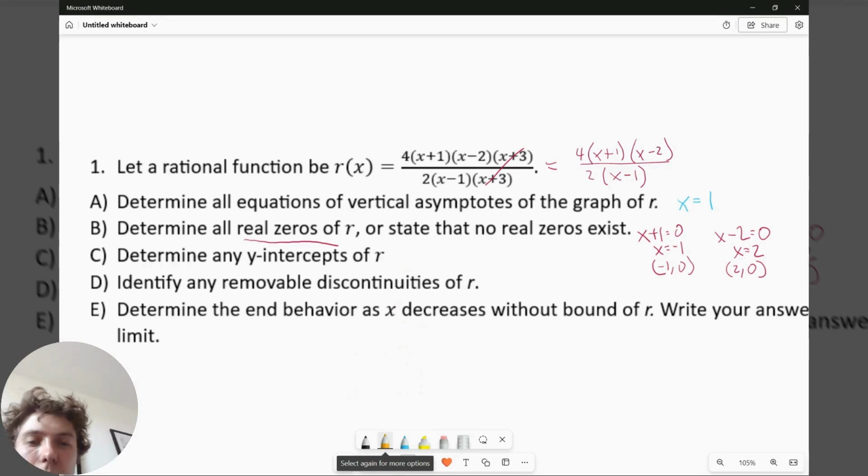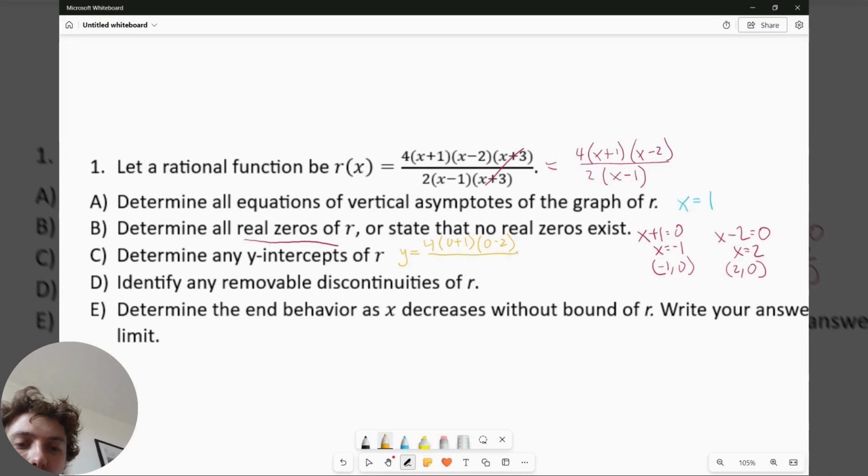Looking at C, determine any y-intercepts. Remember, a y-intercept occurs when the x value is 0. So I plug in 0 for each of the x's and see what we get when we simplify. On the bottom, that'd be 2 times -1, which is just -2.